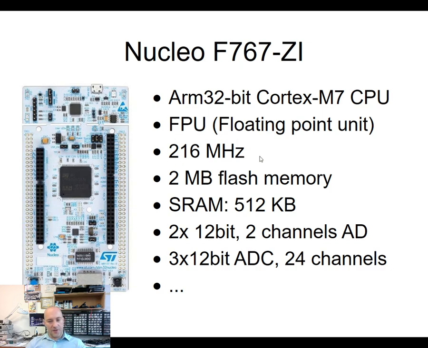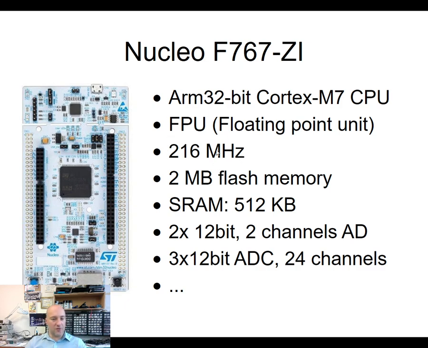Now this 216 megahertz, this is the operating frequency of this microcontroller. You can have it with smaller speed. The trade-off is power consumption. In general, if you run it faster with a higher frequency, then you will have a larger power consumption. So if you are selecting the, let's say, correct or good CPU for your embedded application, then it's always a question of power consumption, which relates to frequency.